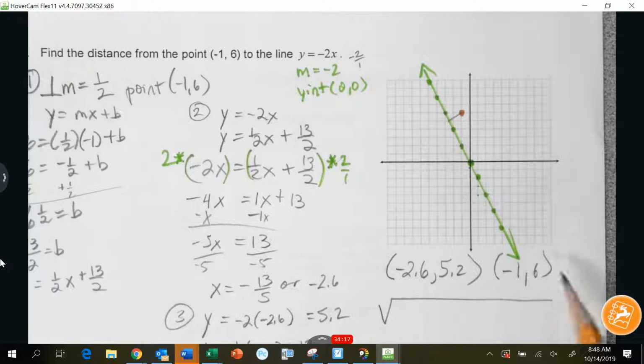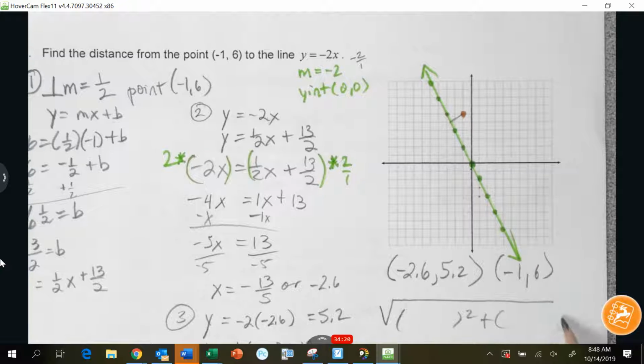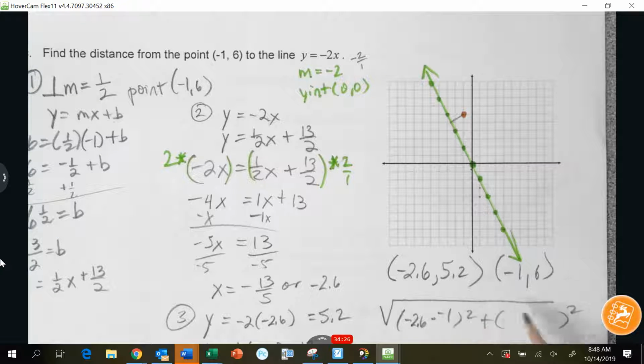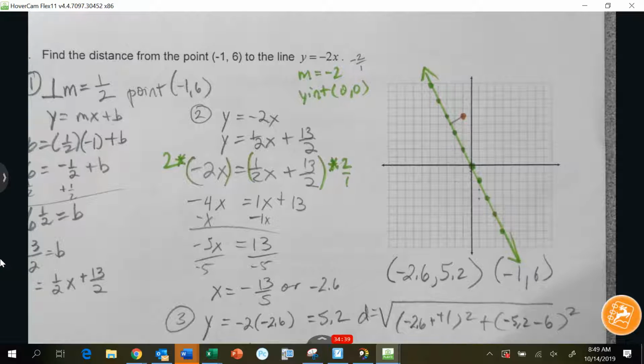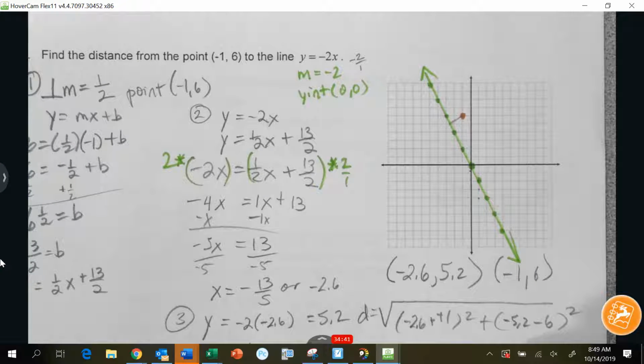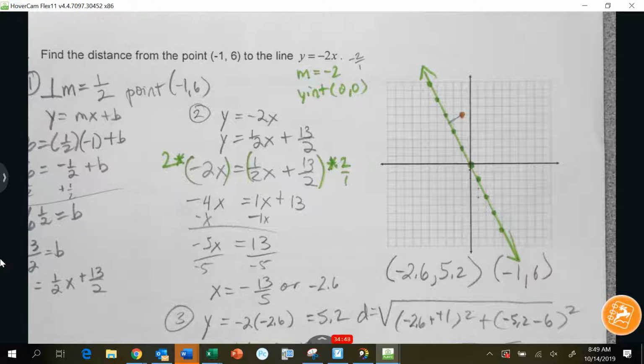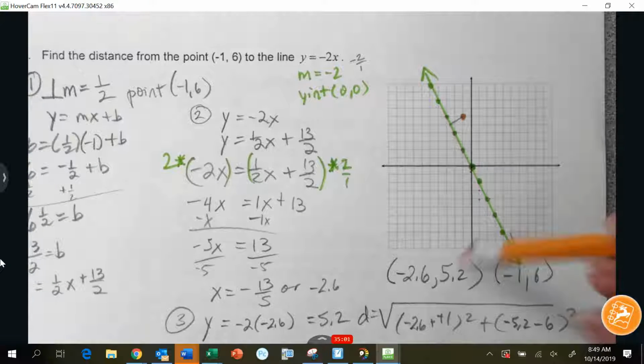When we do our distance formula, subtract our x's, subtract our y's, and I've done something wrong because that can't be right. Oh, this is not negative 5.2. That's what I did wrong.